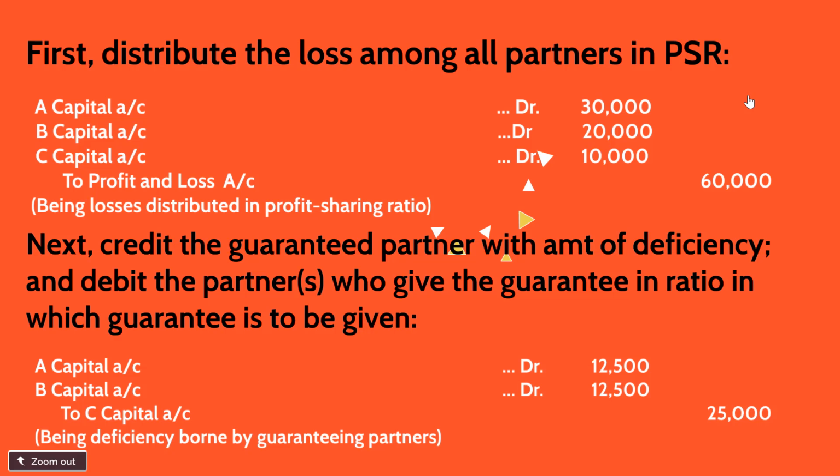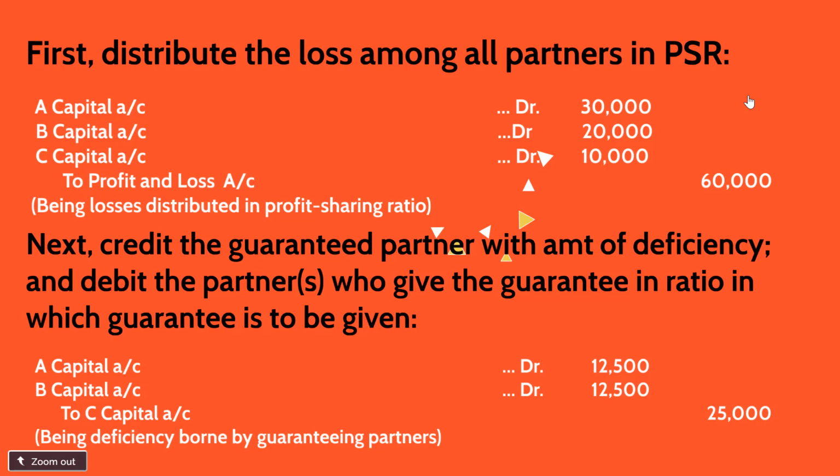Since there is no interest on drawings, the loss will be directly distributed to partners' capital accounts from the profit and loss account itself, and the journal entry for distributing this loss of rupees 60,000 is A's capital account debit rupees 30,000, B's capital account debit rupees 20,000 and C's capital account debit rupees 10,000, to profit and loss account rupees 60,000.